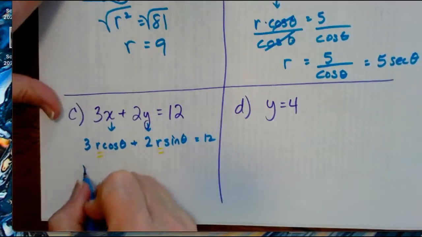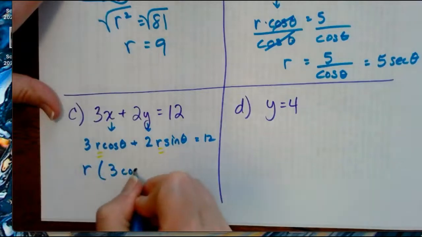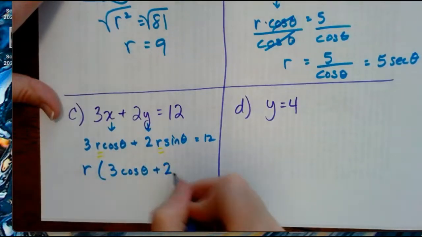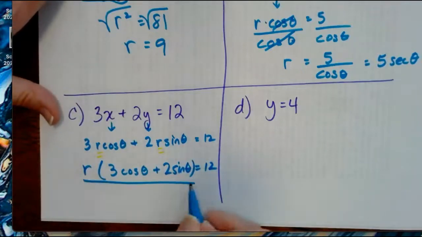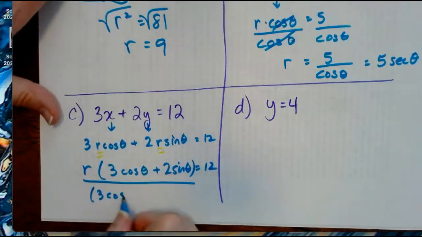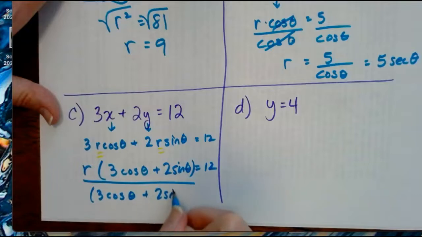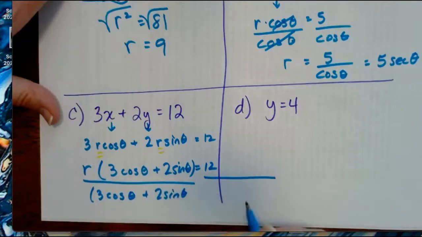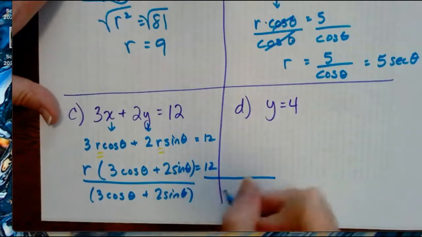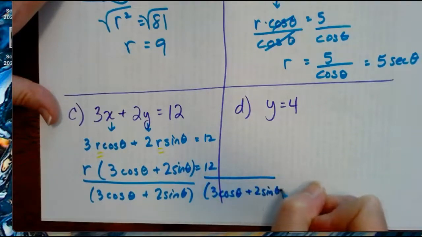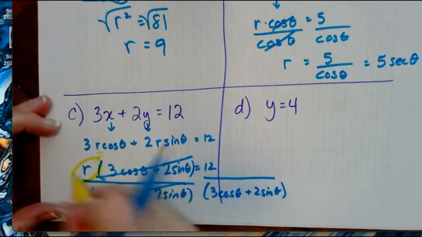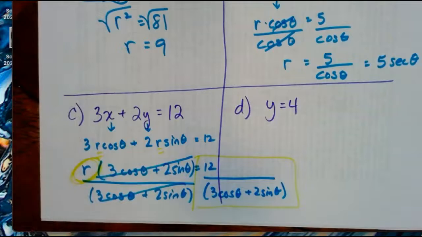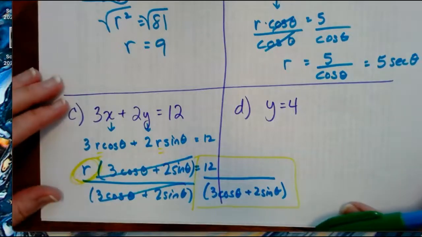Take it out, and we get r times 3 cosine theta plus 2 sine theta equals 12. From there, we just need to divide both sides by 3 cosine theta plus 2 sine theta, and cancel. That is the answer. R is equal to 12 over 3 cosine theta plus 2 sine theta.